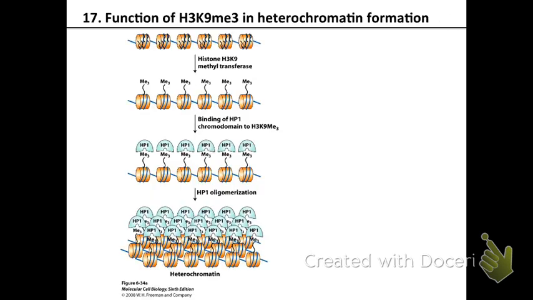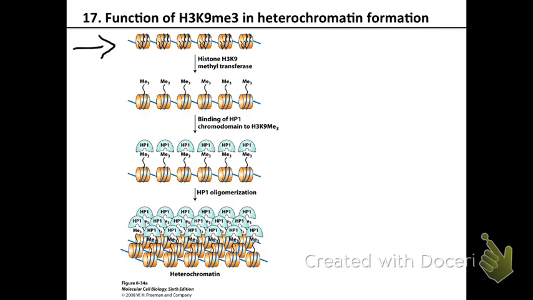Okay, here's an example for how a heterochromatin histone mark works. So this is H3K9 methyl 3. What you have is a region of the chromosome that you want to condense and form heterochromatin.